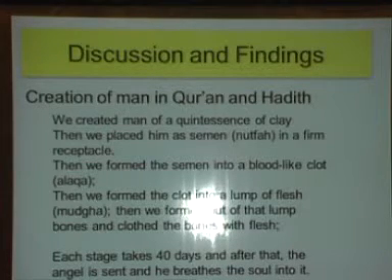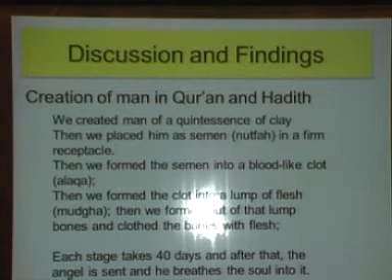Because in the Quran, it says there are three stages of the creation of man. It is created from clay, and then becomes the nutfa, equivalent to semen, or the mixture of the ovary and sperm, like an embryo. And then it becomes the alaka, a blood-like or leech-like blood clot.